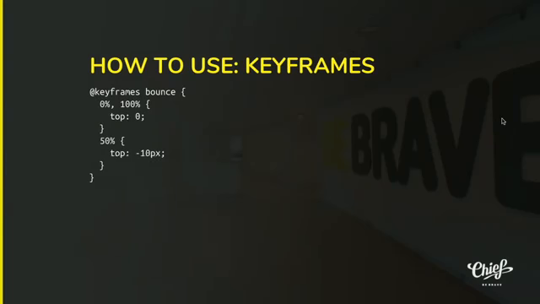So using keyframes, you're going to set up essentially a map of what you want to happen during the animation first. And so that's where the @keyframes syntax comes into play.